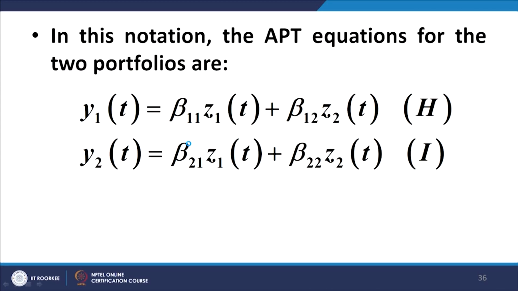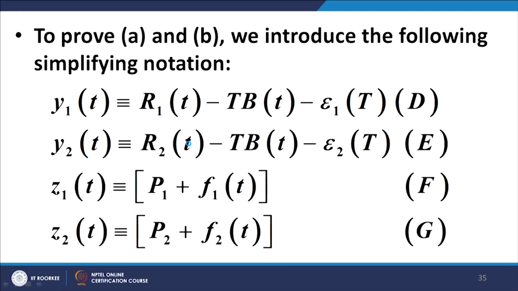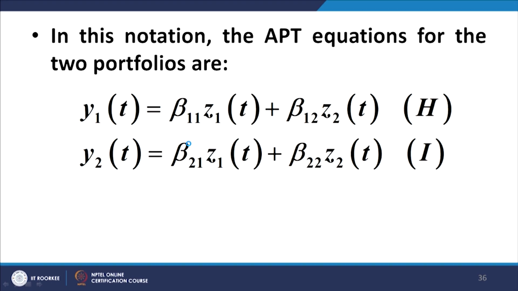Then using these expressions contained in D, E, F and G, we can write the APT equations A and B in the form given in equations H and I. So, in terms of H and I, what we have is equations A and B represented in a different set of variables for simplicity of notation.